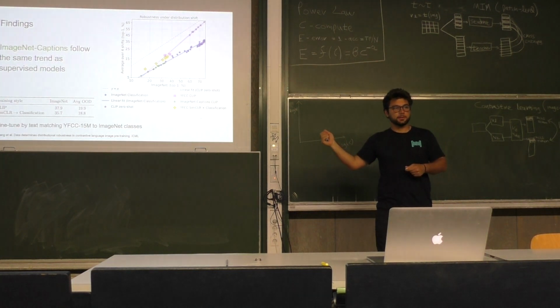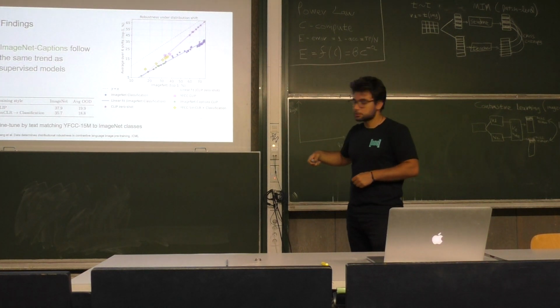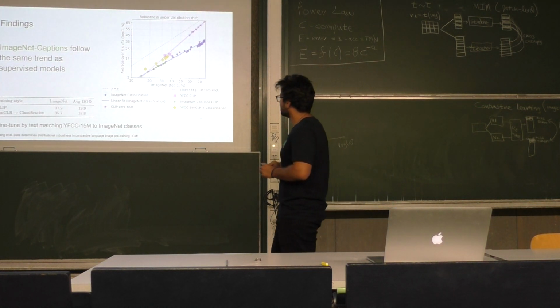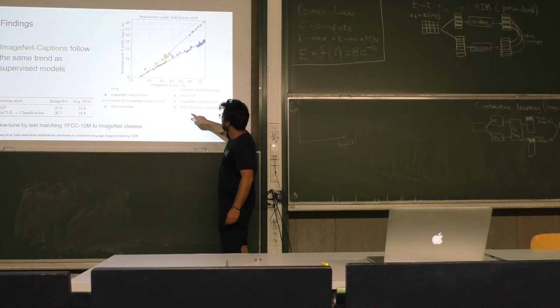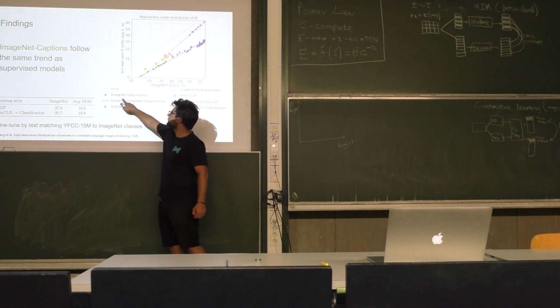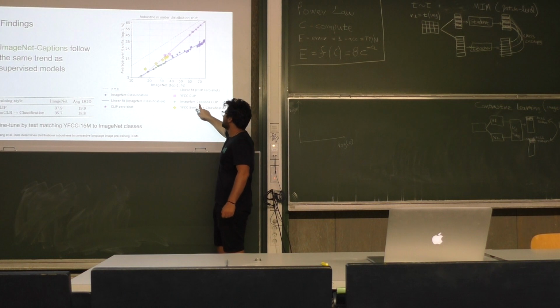Any questions here? So again, the most important part is that the green dots are similar to the blue dots. So this is like supervised contrastive learning, as we typically do, and this is image captioning based training with CLIP.